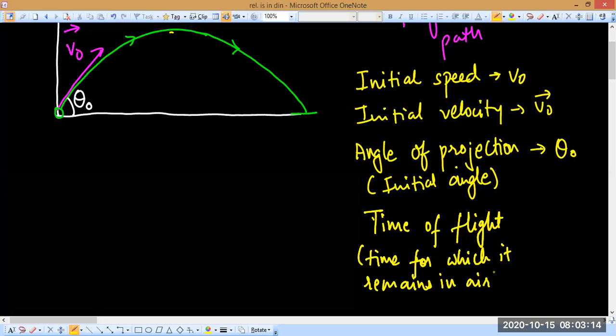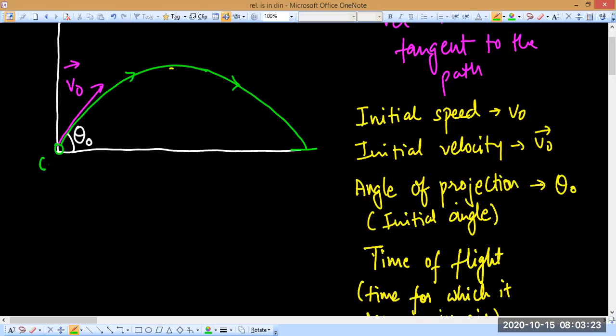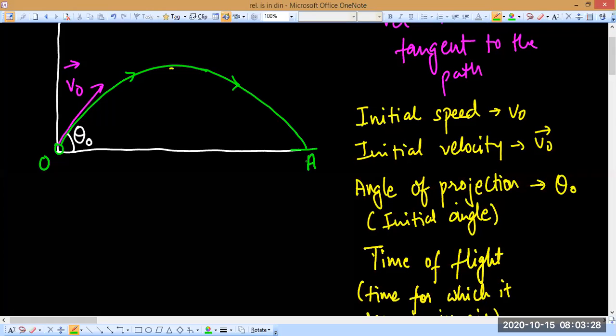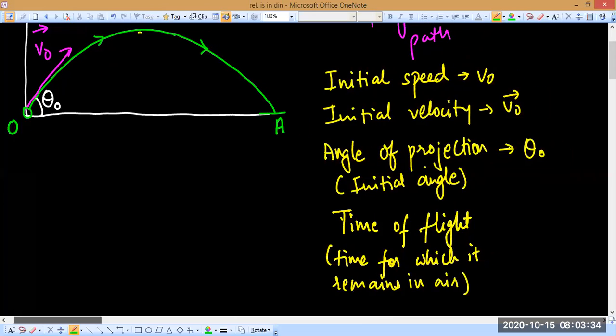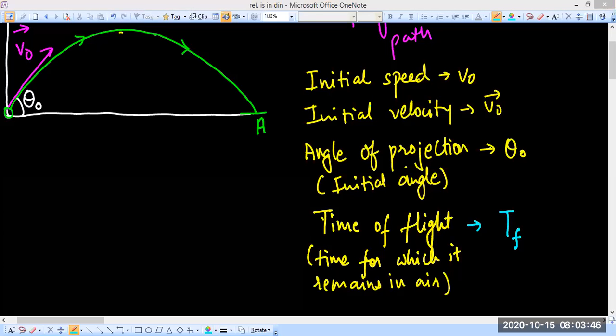Basically, that is the time taken to go from, let's say, this point O to this point A. The time taken to go from O to A will be the time of flight. The symbol of time of flight is TF.